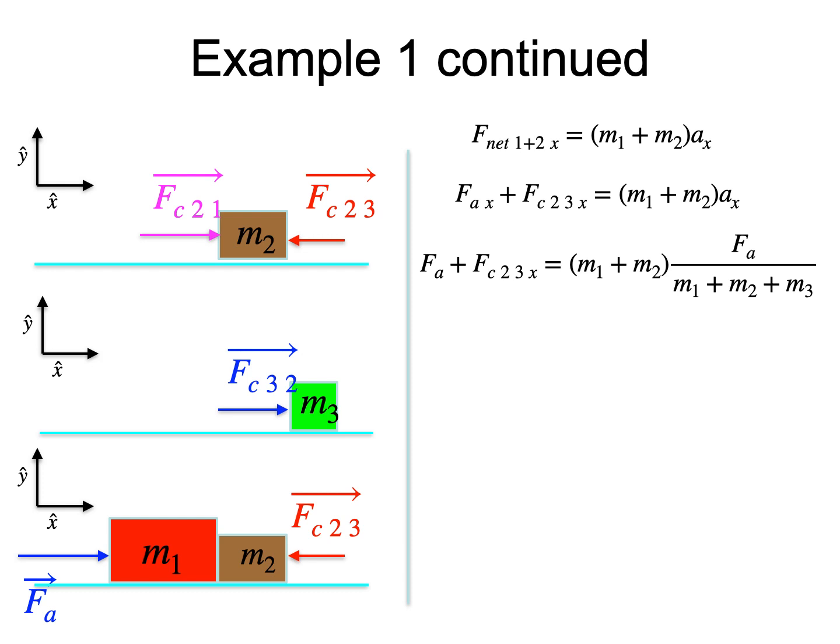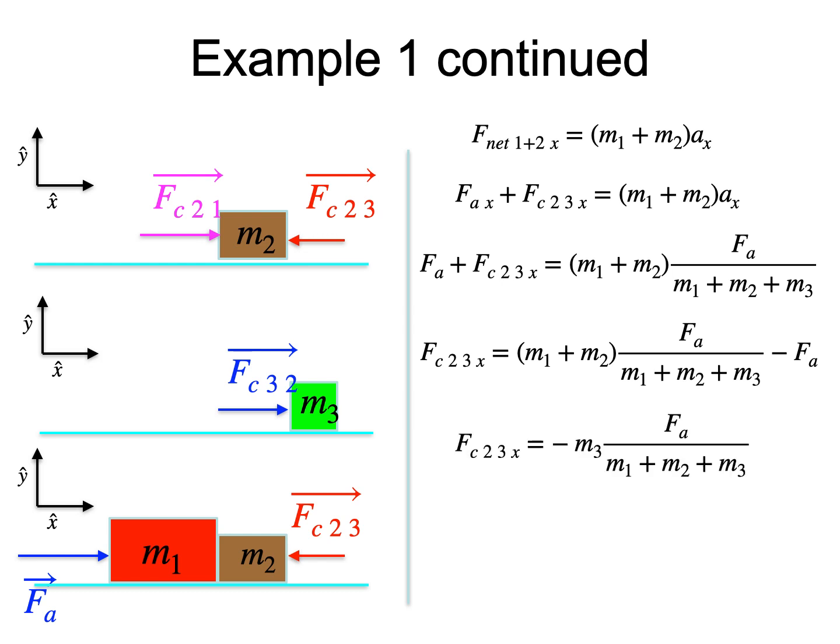Isolating for Fc23x, which stands for the x component of the contact force on mass 2 by mass 3, gives this expression. Factoring out Fa from the two terms to the right and doing some sum of fractions leads to this final expression for Fc23x in terms of the givens.